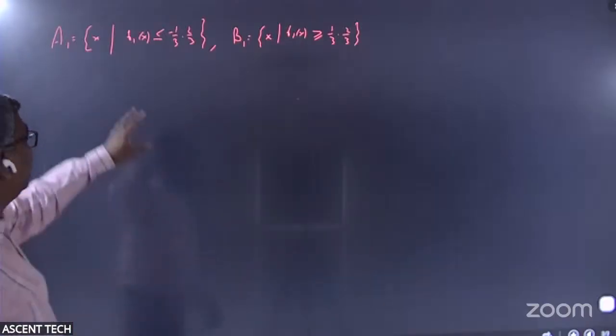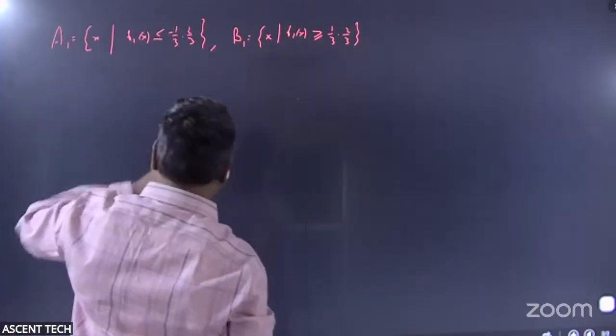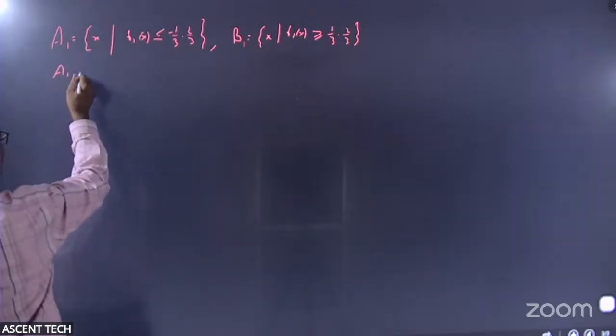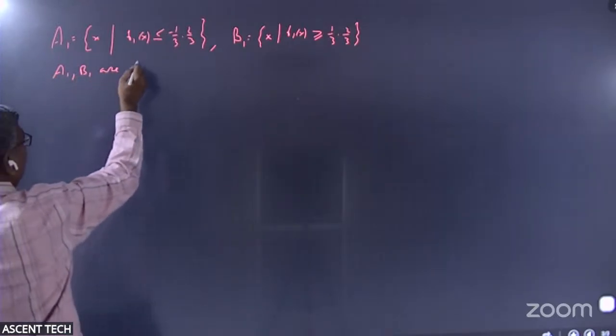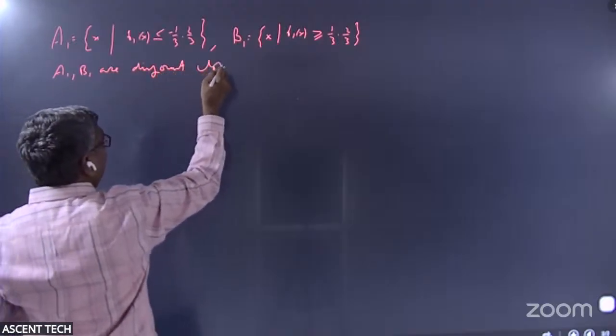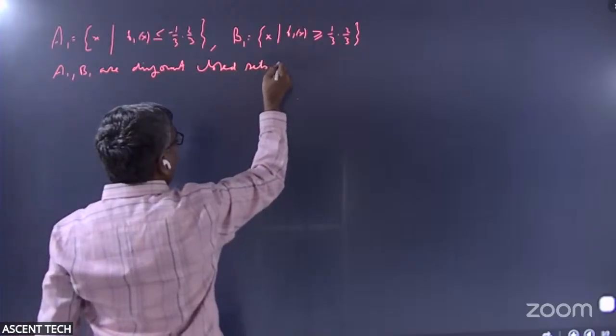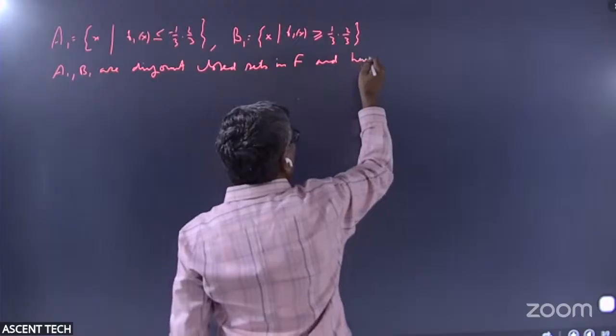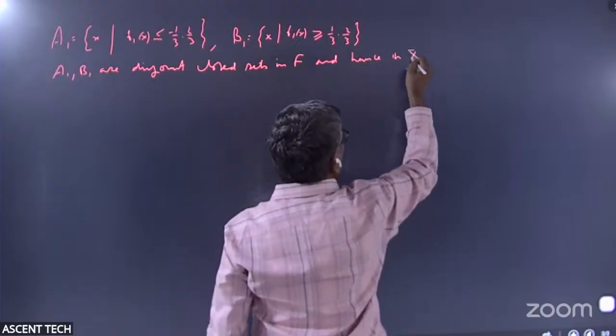Again these are closed sets because F1 is continuous. So A1, B1 are disjoint closed sets in F and therefore in X.